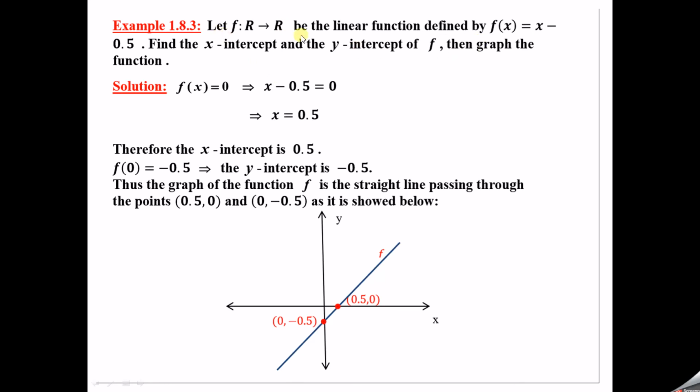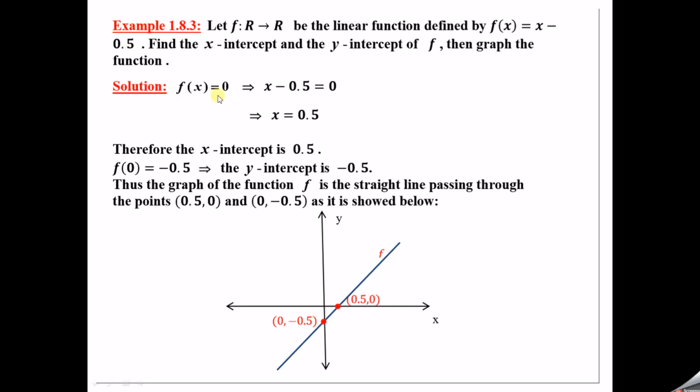Let us take another example. Let f be a function from R to R defined by f(x) = x - 0.5. Find the x-intercept, y-intercept and the graph of the function. The linear function always represents a straight line and we have to find the x-intercept and y-intercept. So the given equation is f(x) = x - 0.5.